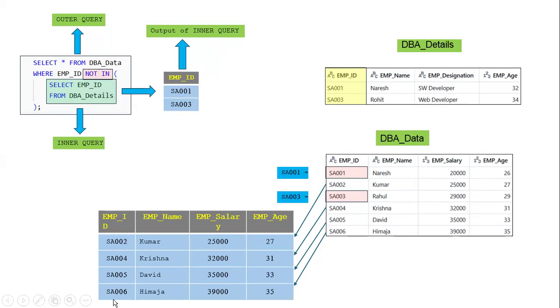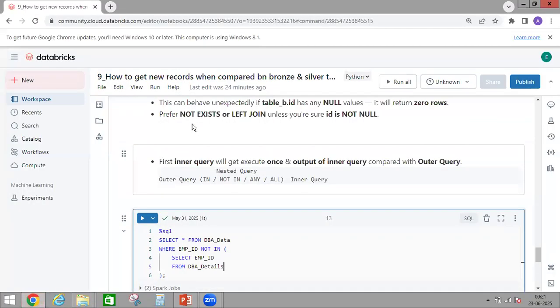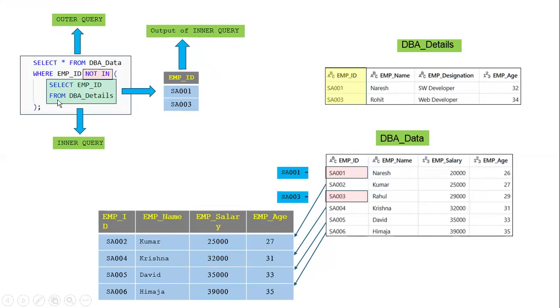As explained in the definition, first the inner query will execute once. See here, it executed a single time, only once, and we got the result. This result we are going to compare with the outer query.